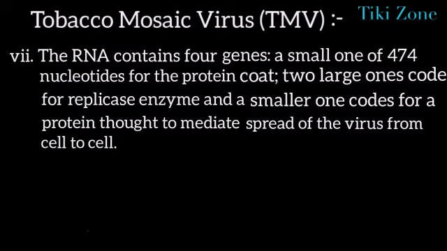The RNA of tobacco mosaic virus contains 4 genes: a smaller one of 474 nucleotides for the protein coat, then 2 large ones which code for replicase enzyme, and a small one that codes for a protein which is thought to mediate the spread of virus from one cell to another cell. So this is the structure of tobacco mosaic virus.